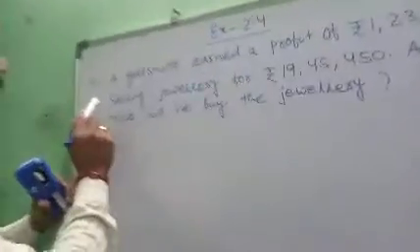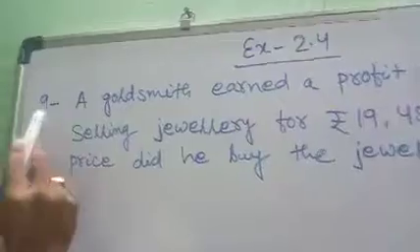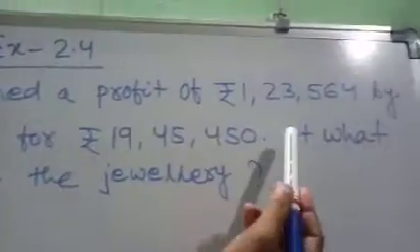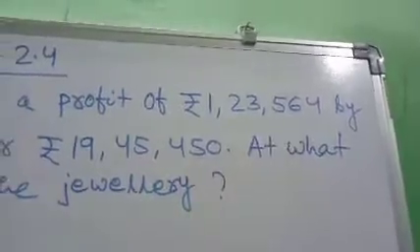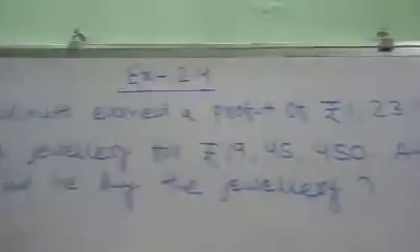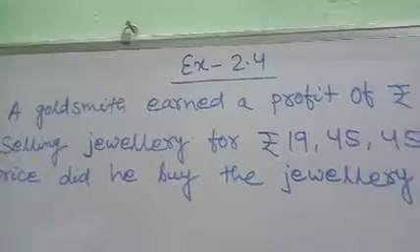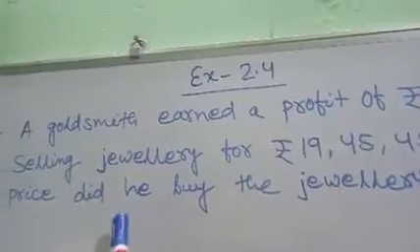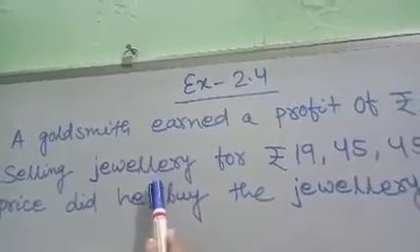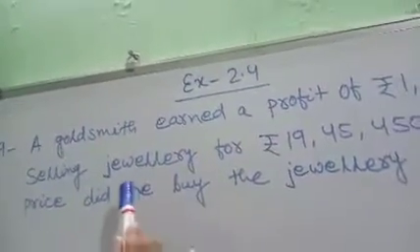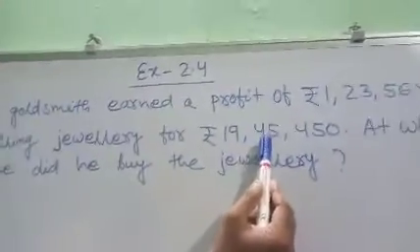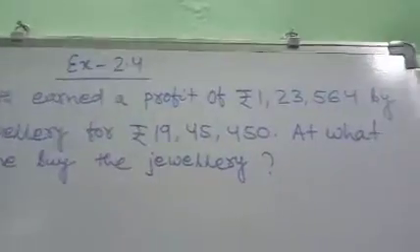Our next question is question number 9. A goldsmith earned a profit of 1,23,564 rupees by selling jewelry, for rupees 19,45,450.